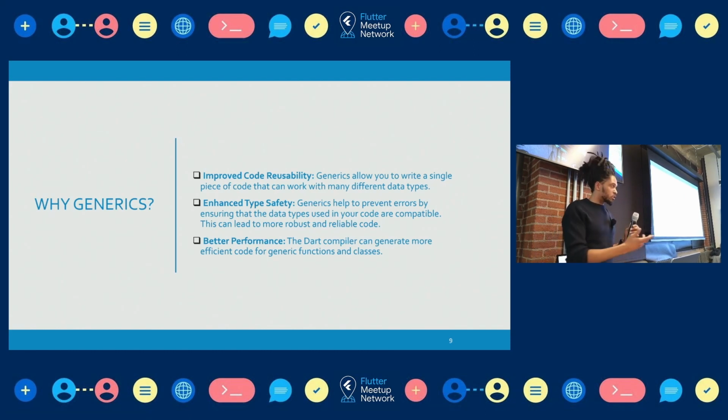Like we were just talking about, the compiler will complain if you don't use the right type as per the generic. And this can lead to more robust and reliable code. And finally, generics will actually improve the performance of your application because the Dart compiler can generate more efficient code if it knows the type.